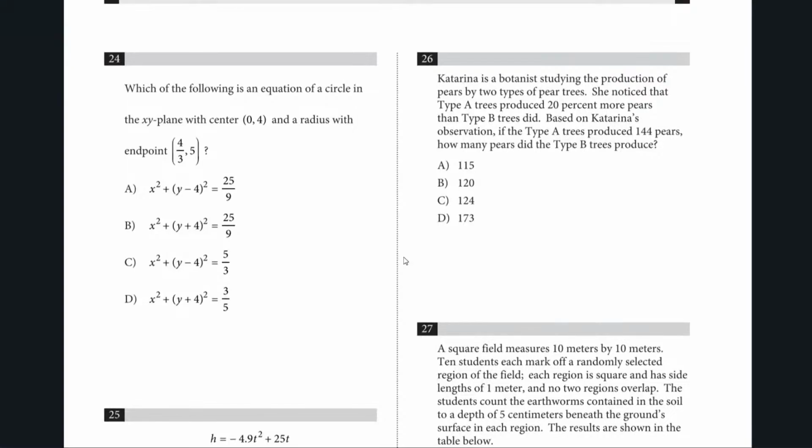Anyways, which of the following is an equation of a circle in the xy plane with center 0, 4 and a radius with endpoint 4/3, 5? So when we look at center points for circles, we know the equation for a circle is x squared plus y squared is equal, I think it's the radius squared. If it's at 0, 4, that means the x is shifted over by 4.